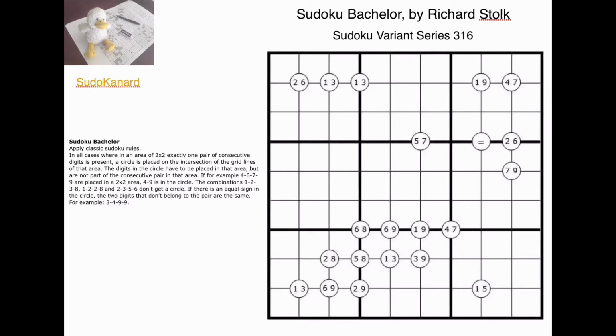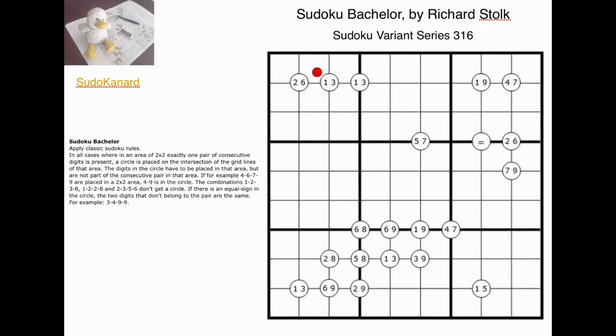Okay, so the rules. We have classic Sudoku rules, and then we have those circles with numbers inside, and in some way they act as quadruples, meaning that those digits must appear in the surrounding four cells. But that's not all.